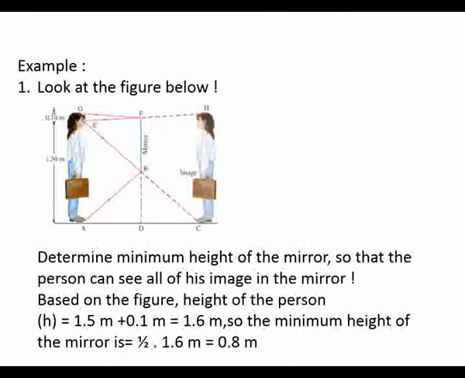So now we know that the height of the person equals 1.5 meters plus 0.1 meter, which equals 1.6 meters. From the formula on the previous slide, the minimum height of the mirror equals half times 1.6 meters, which equals 0.8 meters.